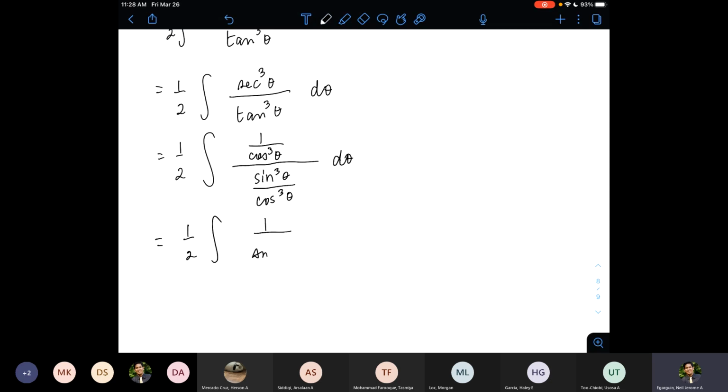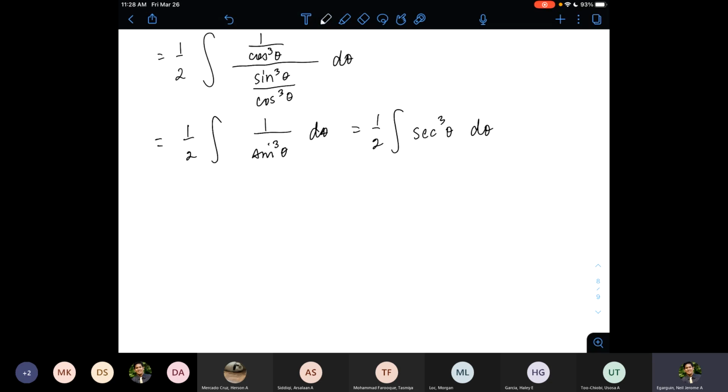You'll have a 1 over sine cubed theta d theta, because the cosine cubed will cancel each other out, right? Okay, now at this point, we don't have a rule for sine cubed, but Muriel is correct. You can write it as 1/2 integral of cosecant cubed theta d theta. Sorry, cosecant.